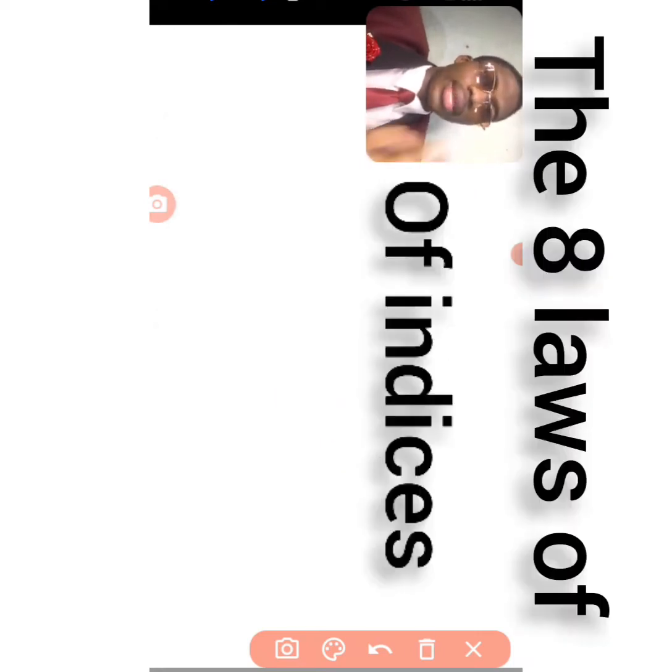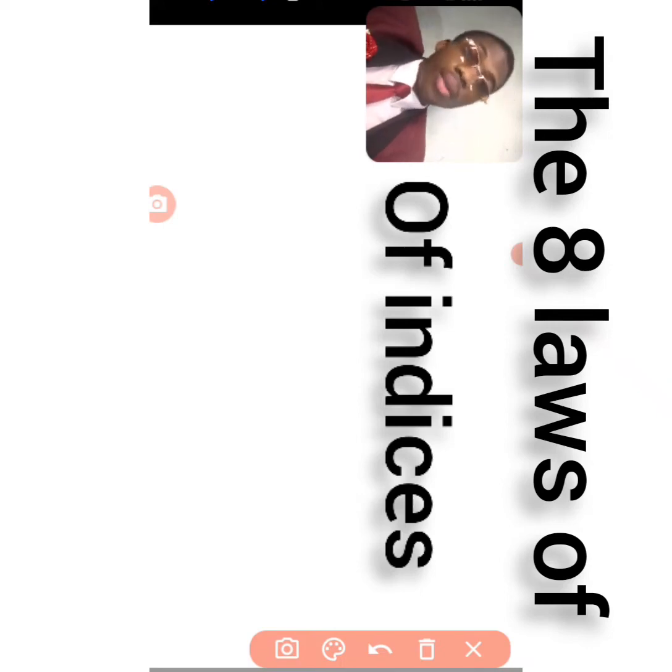In as much as we're going to be talking about indices, there are 8 laws that govern mathematical indices. I repeat, we have 8 laws. Any question you will ever find on indices, these laws are used to solve those questions.